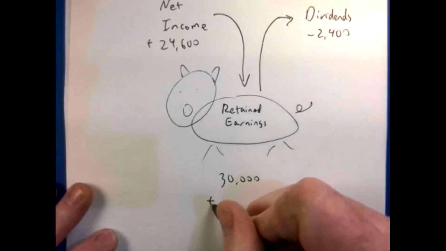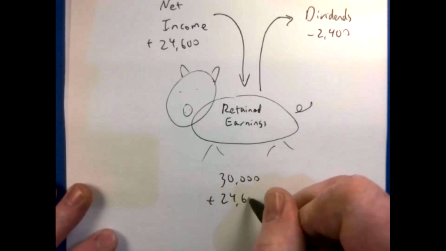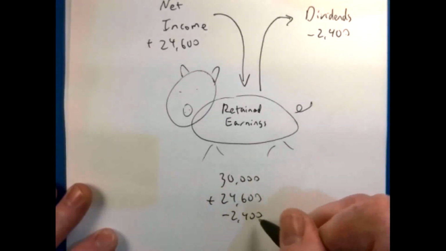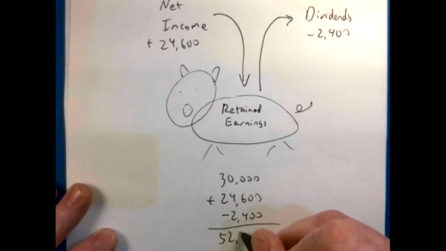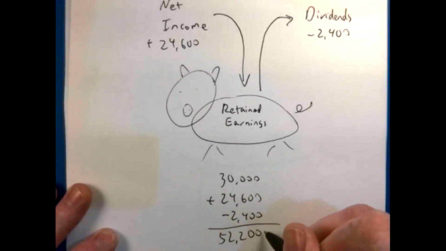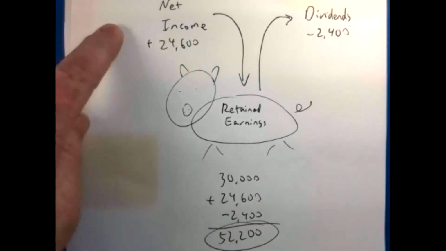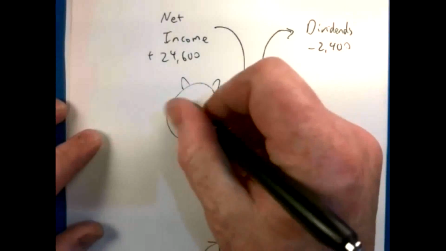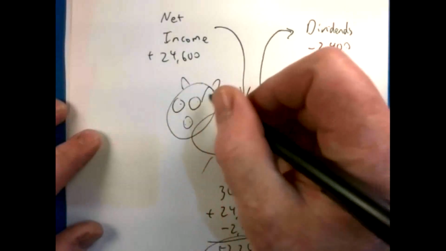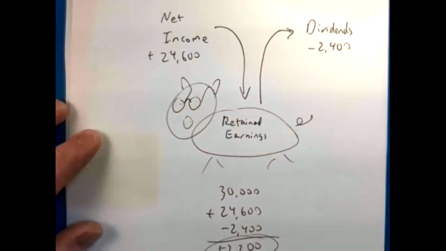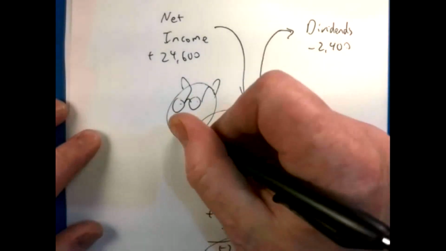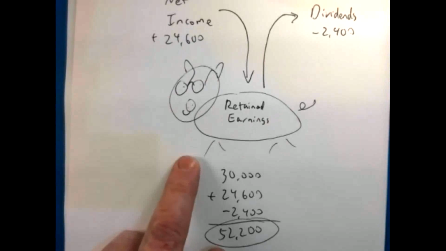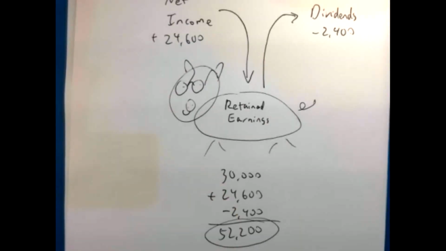Well, they added 24,600, then they took out that, and we ended up with 52,200. So this goes into the piggy bank, and this goes out. Hey, look, the piggy has glasses, just like me. Oh, and he's happy. All right, that'll be on the test, you guys. You guys have to do that on the test.